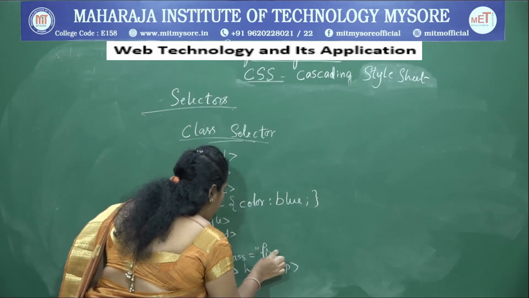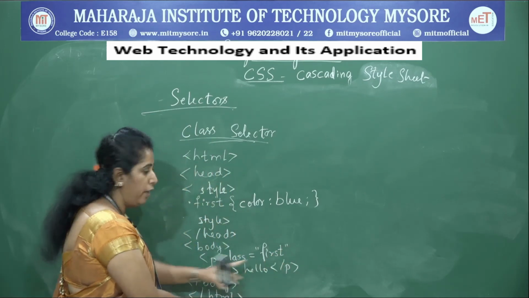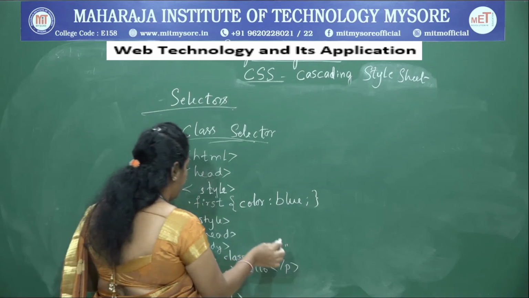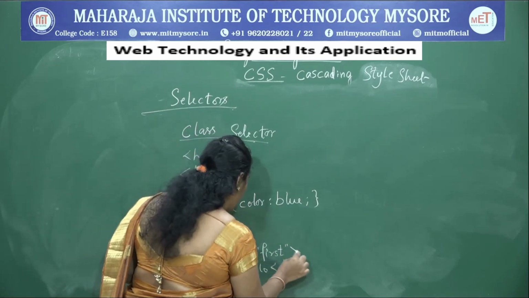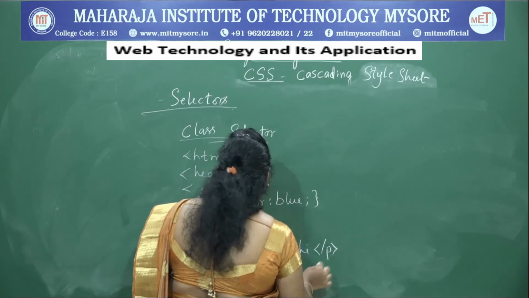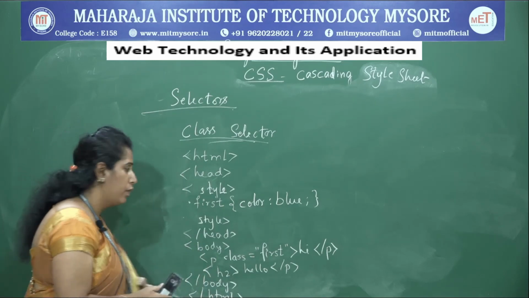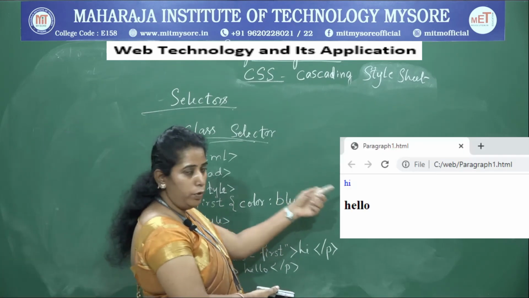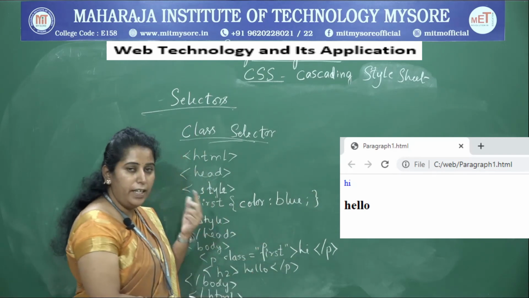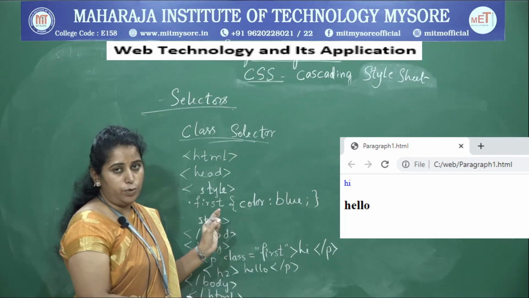So first, while giving this you don't give a dot here, okay, only while declaring you have to give. Okay, so now close P, give a message hi, now close P. So finally, once you run this program, what happens? You can look into the output. Hi is printed in blue color and hello is printed as it is, where I have not used any class attribute.